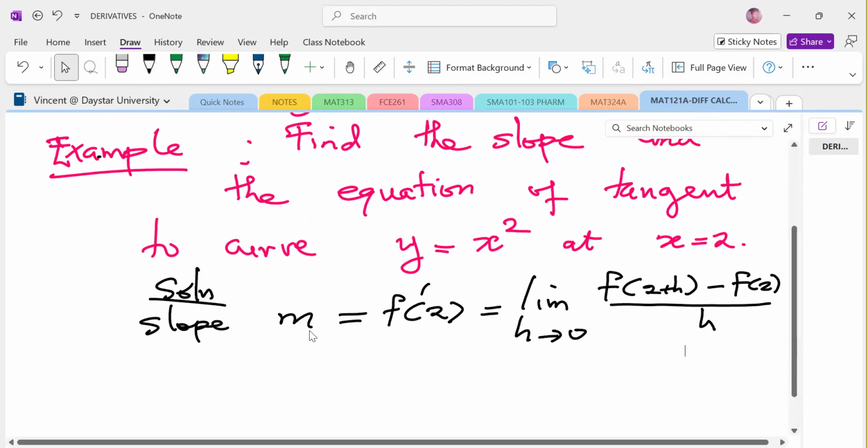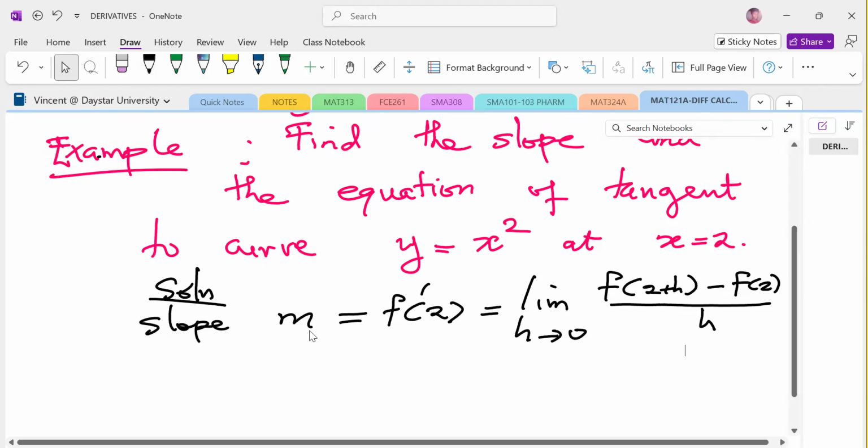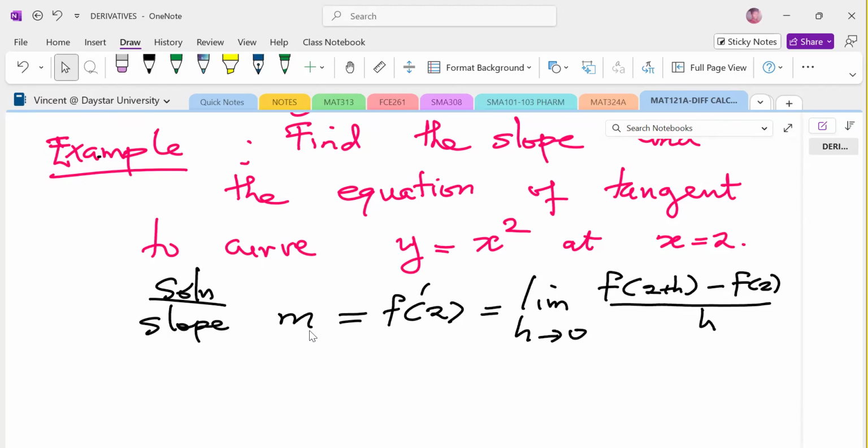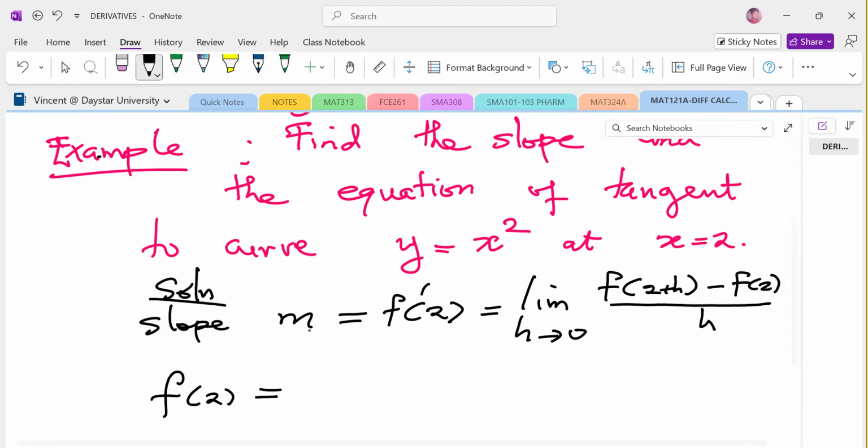Because remember, we say that the slope of a function f of x at a point x equals a is simply denoted by m, which is given by the limit as h approaches 0 of f of a plus h minus f of a over h. Now a is 2 in this case. So f of 2: when you say y equals x squared, it's the same as f of x equals x squared. So f of 2 is the same as 2 squared, which is 4.